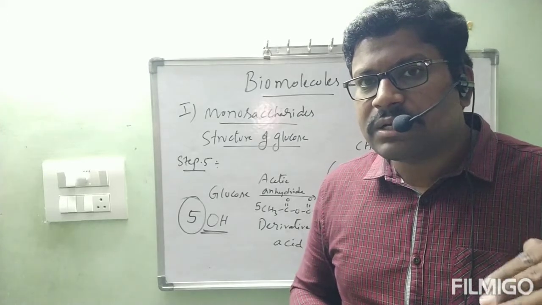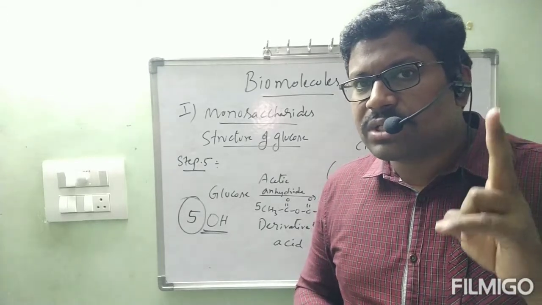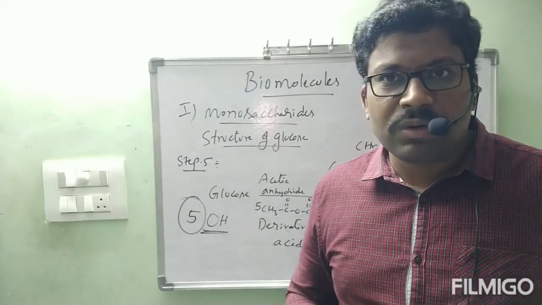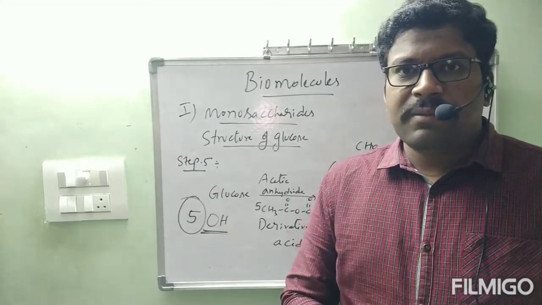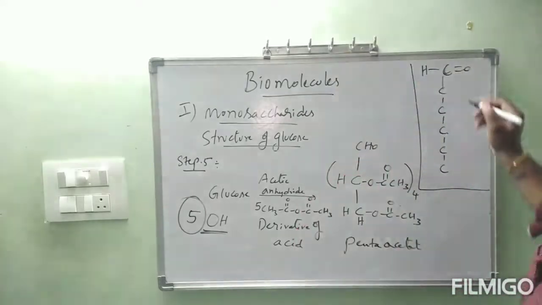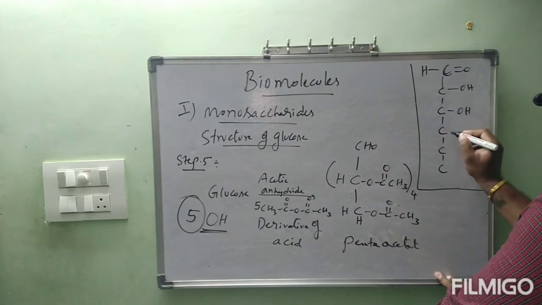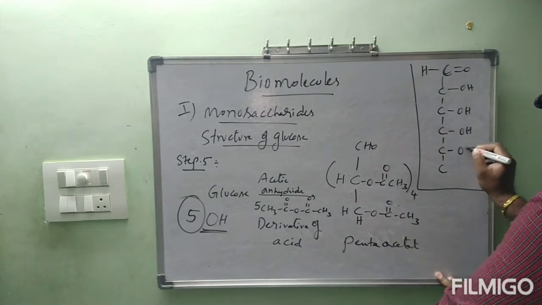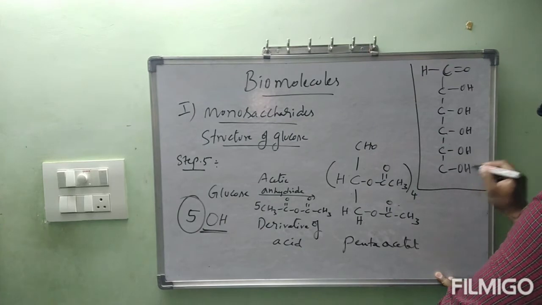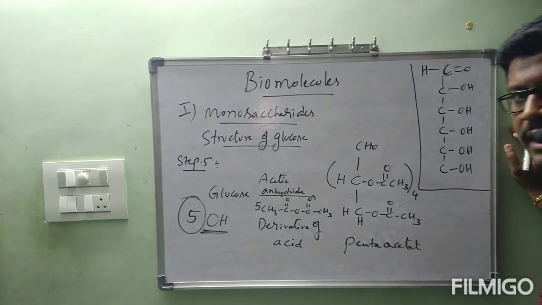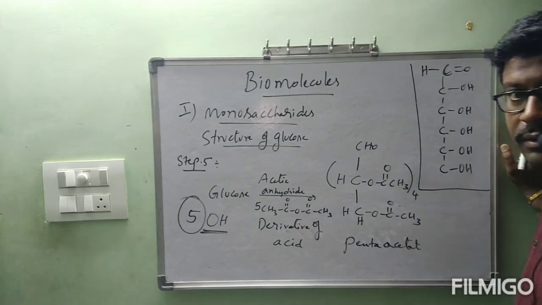Then only the molecule is stable. Otherwise, if any 2 OH groups are present on the same carbon atom, the molecule is not stable. But glucose is stable. That's why I am able to write one OH group on every carbon atom.